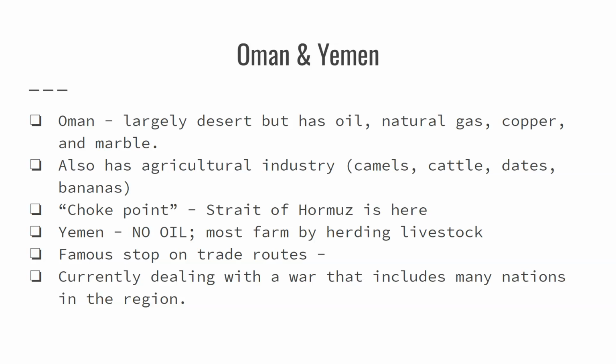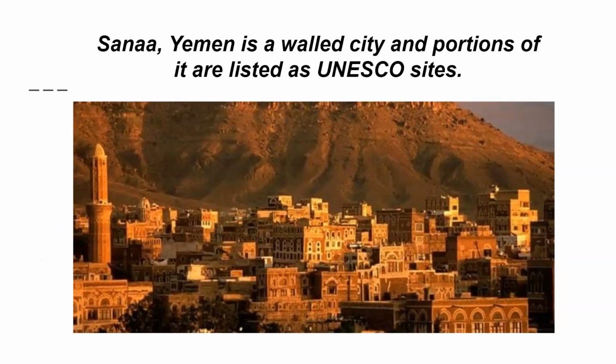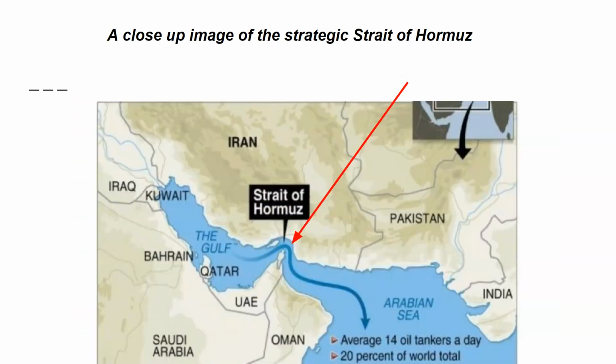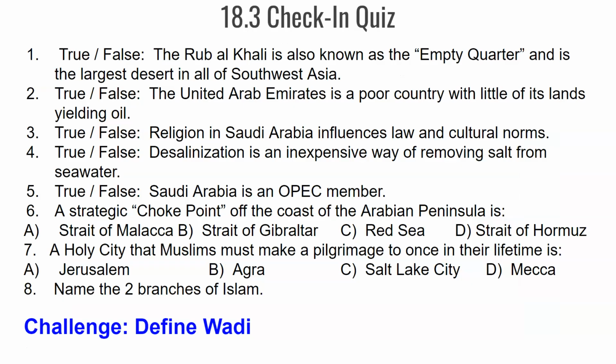It's led to some very challenging times, including getting basic necessities in to help the people of Yemen. Sana'a, Yemen is a walled city, and portions of it are still World Historical Sites or UNESCO sites. So it certainly has some history when it comes to this region.